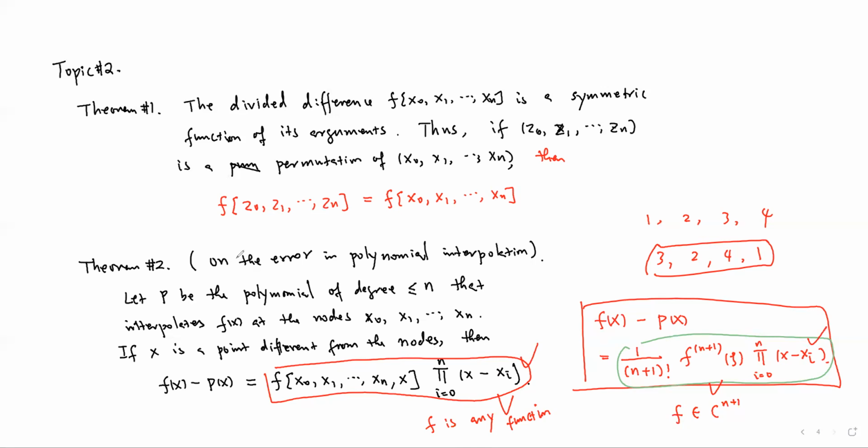Property number 2 done. Property number 3. We will use this property in our later development. Theorem number 3. This theorem is on derivatives and divided differences.